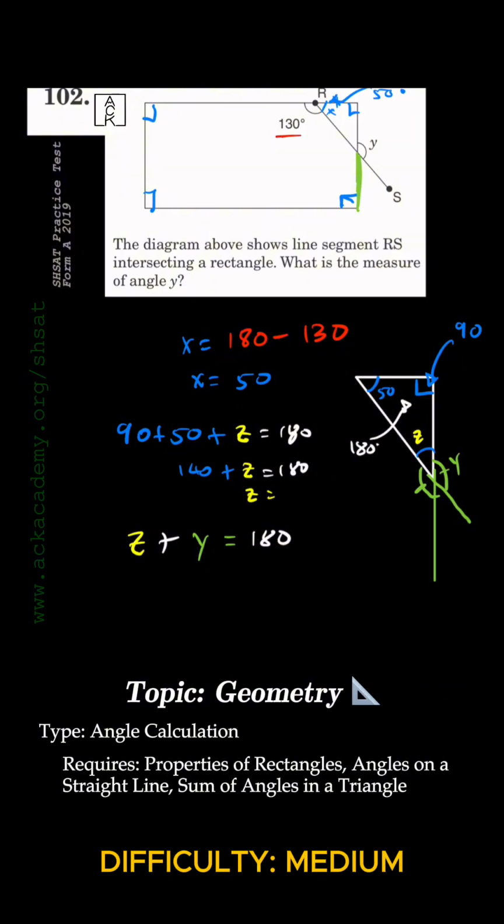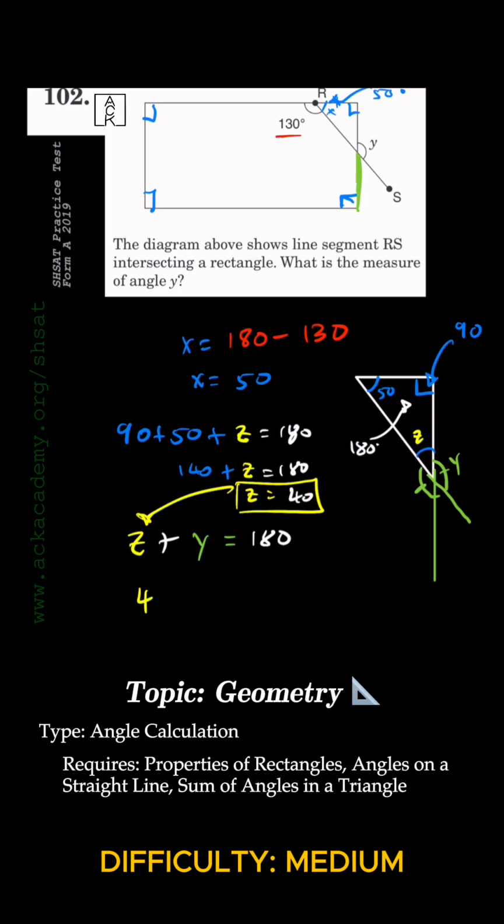Z is equal to 180 minus 140, which is 40 degrees. So we have Z is equal to 40, and we can plug it into this Z.